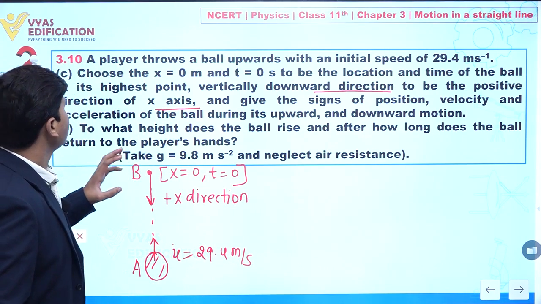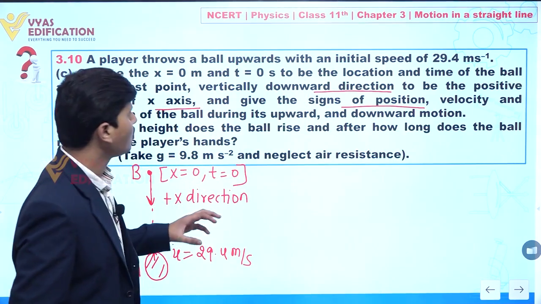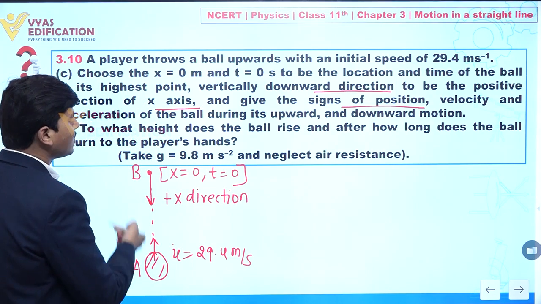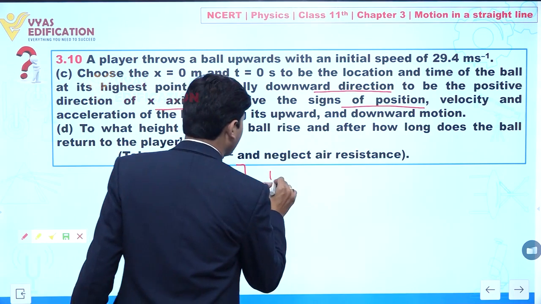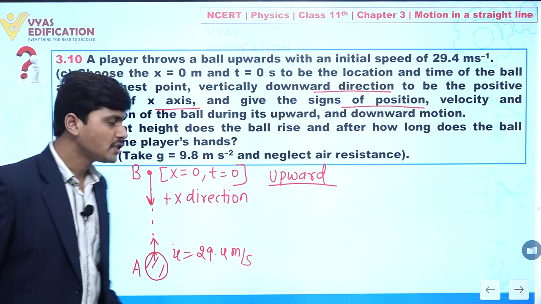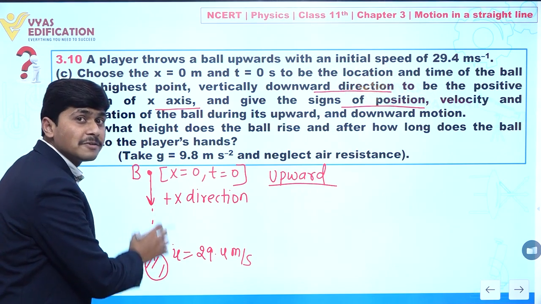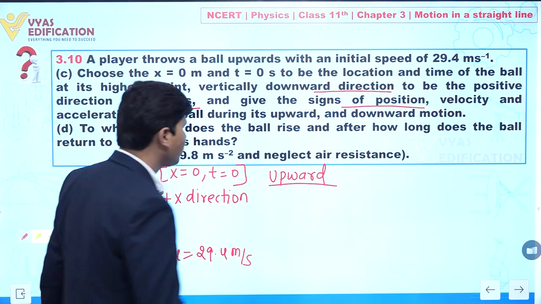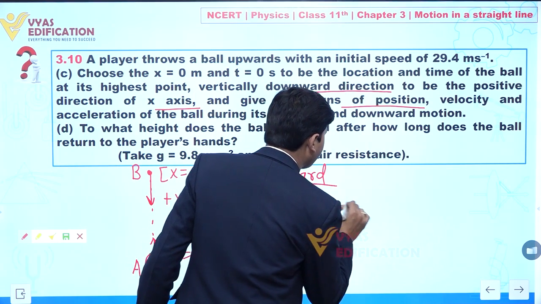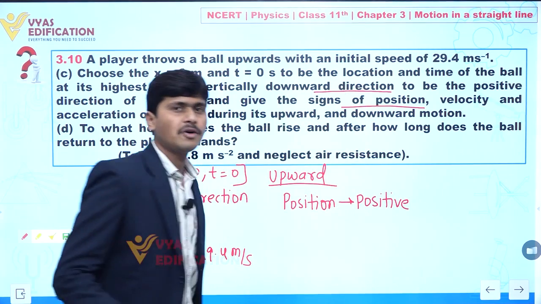Now what is the objective of this question? It is asking us to give the sign of position, velocity and acceleration of the ball during upward and downward motion. If we talk about the upward journey, the ball is here and moving like this. Because this is positive x, the position is positive. And what about velocity?